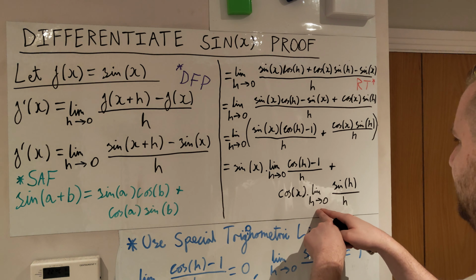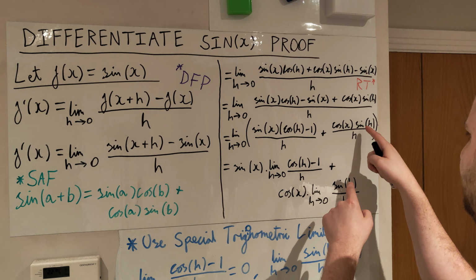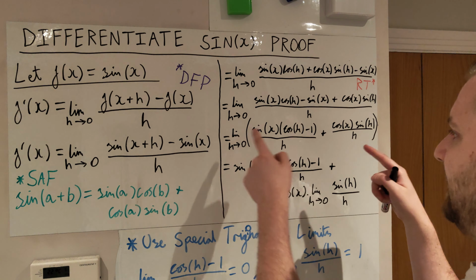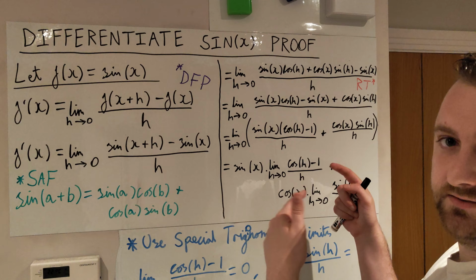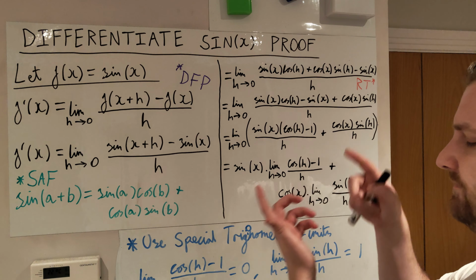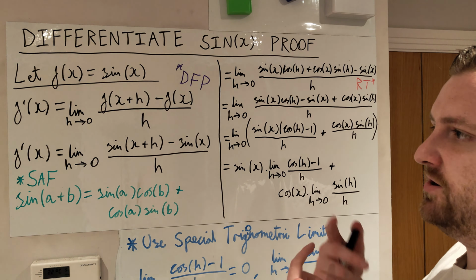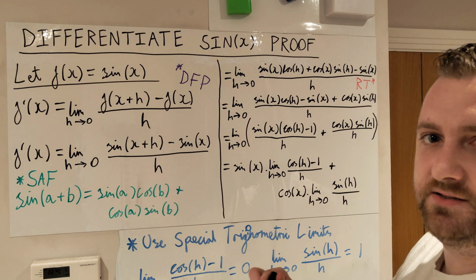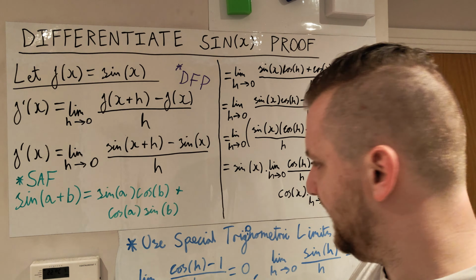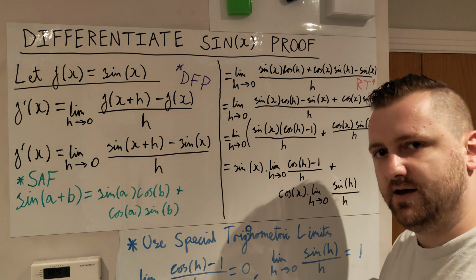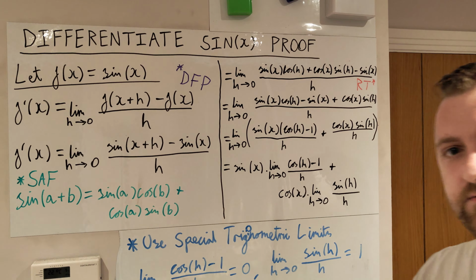The limit as h tends to 0 of sine of h over h. We've basically taken them out as factors, okay? They're multiplied, but we can take them out because they're not affected by the limit as h tends to 0. Okay, now I think I have to move the camera down a bit and I'll show you the last step. We're pretty much done.